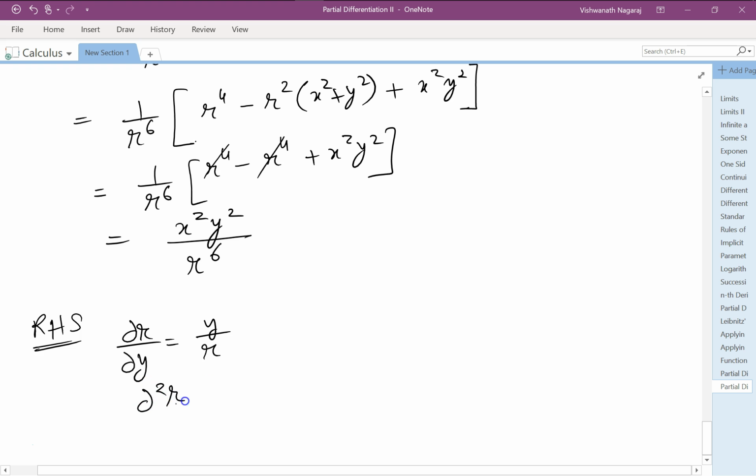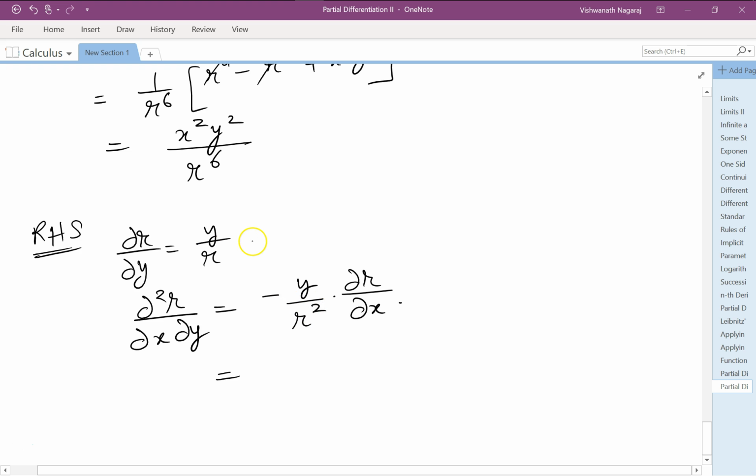Now we differentiate this with respect to x. So we are left with minus y by r square times dou r by dou x. Take it step by step. This can be written as y times 1 by r, so y remains as it is to begin with, and r becomes r square in the denominator, times dou r by dou x.